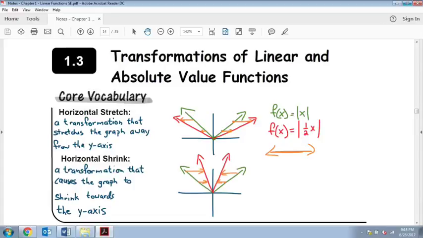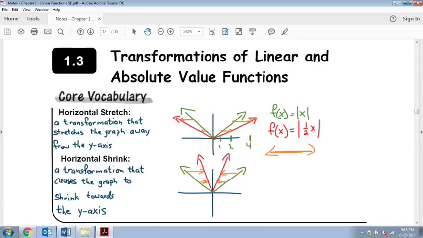Because remember, everything inside is backwards. So when it says divide by 2, which multiplying by half is dividing by 2, we are really multiplying all those x values by 2. So if this one is 1 right there, it became 2. This one up here at 2 became 4. If we have one at 4 up here, it would stretch out and become 8. Alright? Same idea down here.